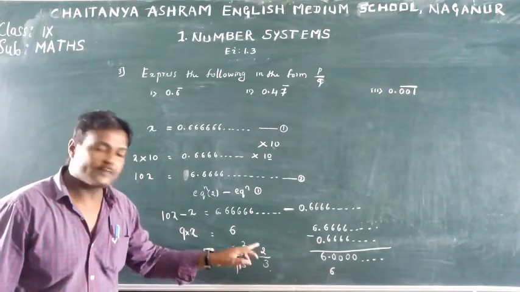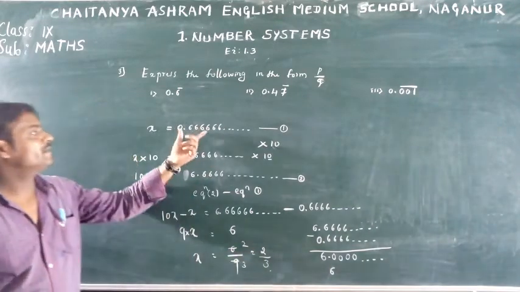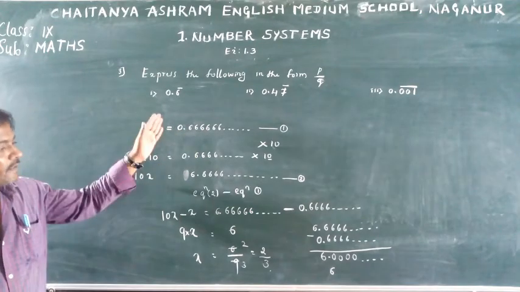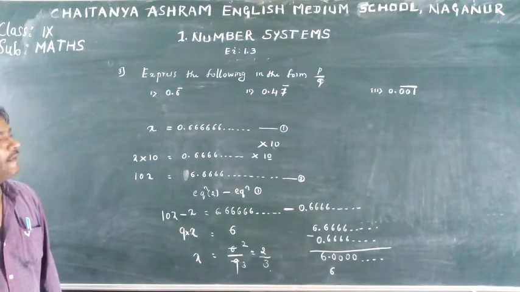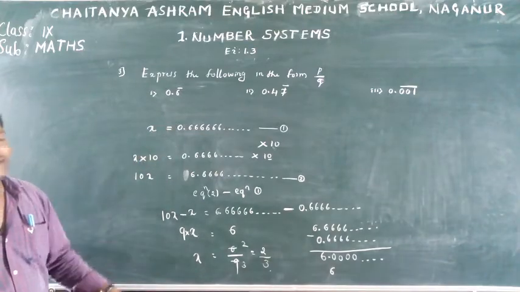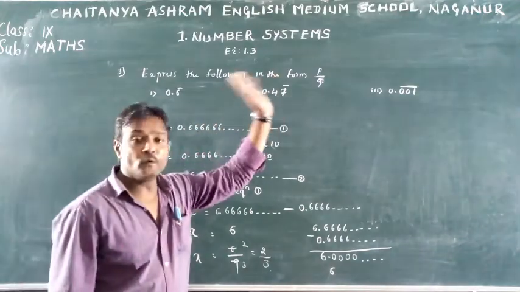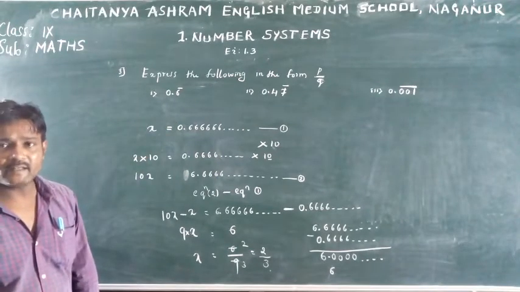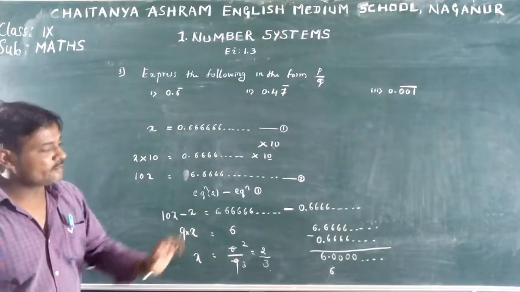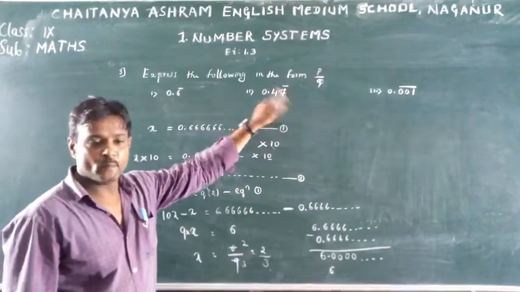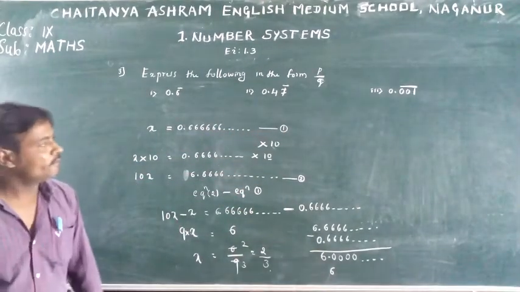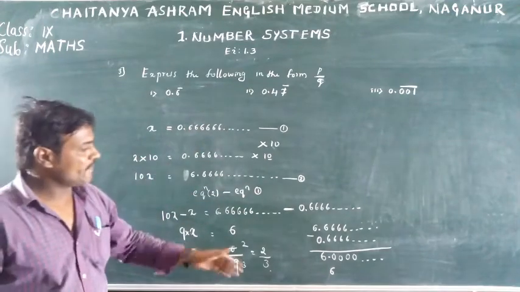When you divide 2 by 3, you will get this decimal expansion. Clear? This is a method of writing a rational number whose decimal expansion is given. Clear, dear children? Shall we move into the second one? Okay, that is different. So write this first one.